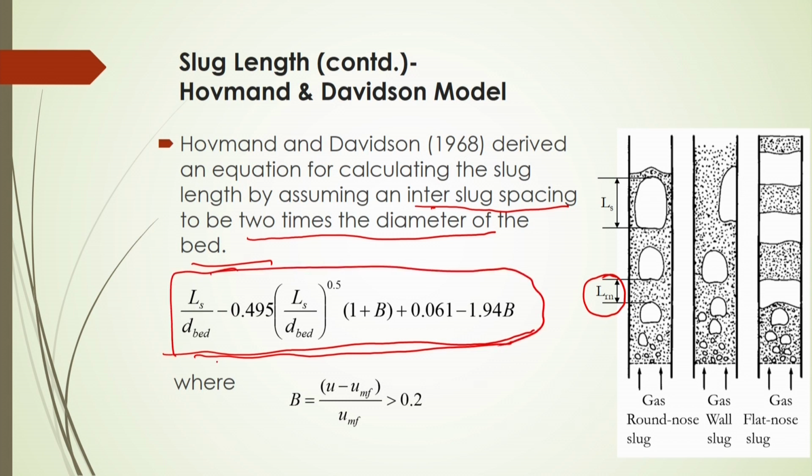So, from this correlation you will be able to calculate what should be the slug length. In this case, B is one important parameter that depends on the ratio of the effective fluid velocity to the minimum fluid velocity, and this is applicable only if this ratio is greater than 0.2. That means U should be greater than, of course, 80% of the minimum fluidization velocity.